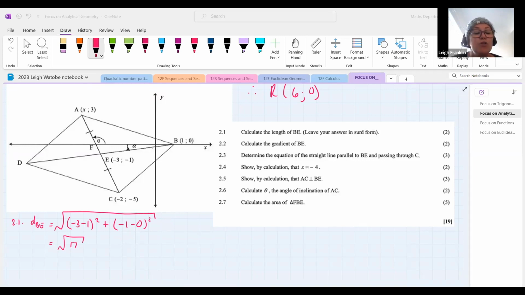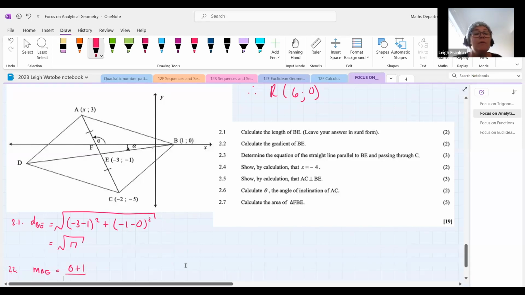In 2.2, calculating the gradient of BE, we would end up with 0 plus 1.